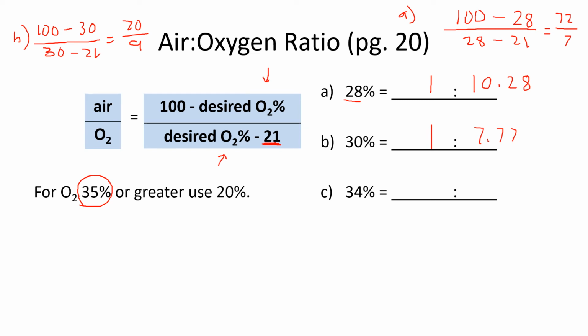So C, we got 100 minus 34 over 34 minus 21. 66 divided by 13. 5.07. About 5.1.